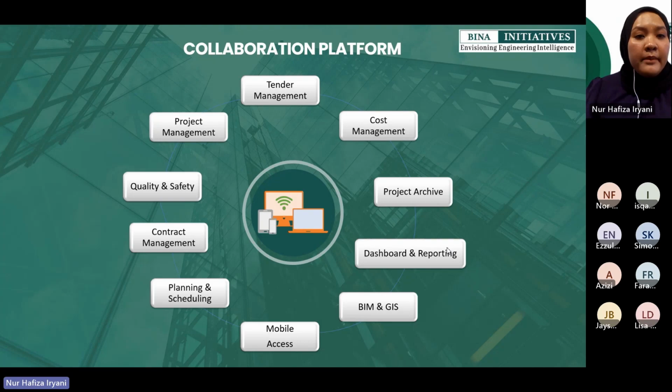By having tender management, even if you want to give access to a party not related to your company, even if that company is not registered to work with your company, you can give access to them, and they can only review that specific tender. They cannot see tender B if you don't give the access.